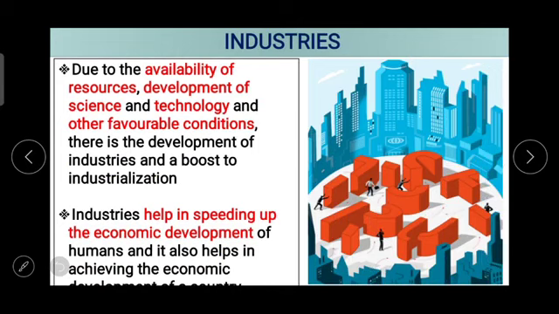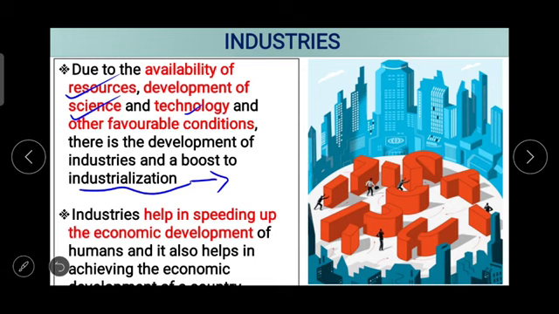Now the next thing, due to the availability of resources, development of science and technology, and other favorable conditions, there is the development of industries and a boost to industrialization. Now if you compare the period of pre independence or post independence and today's time, then we can easily understand the development of India in the field of industrialization.